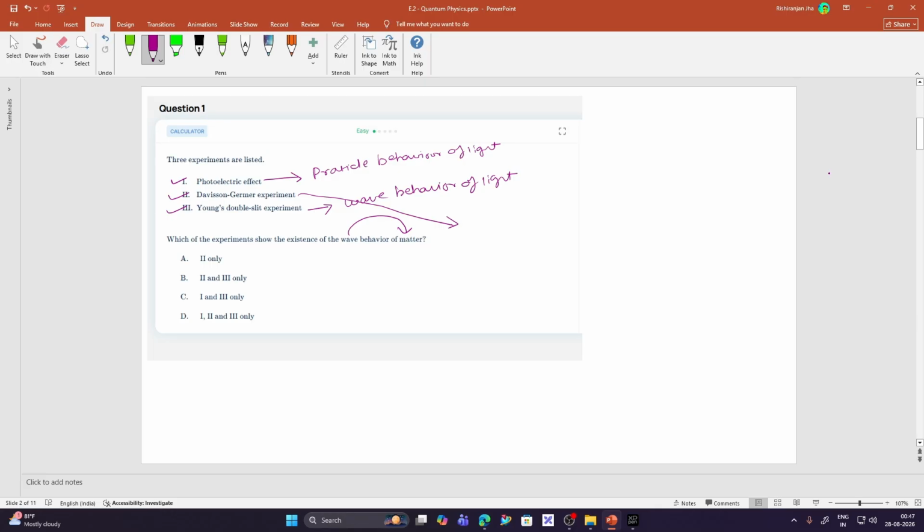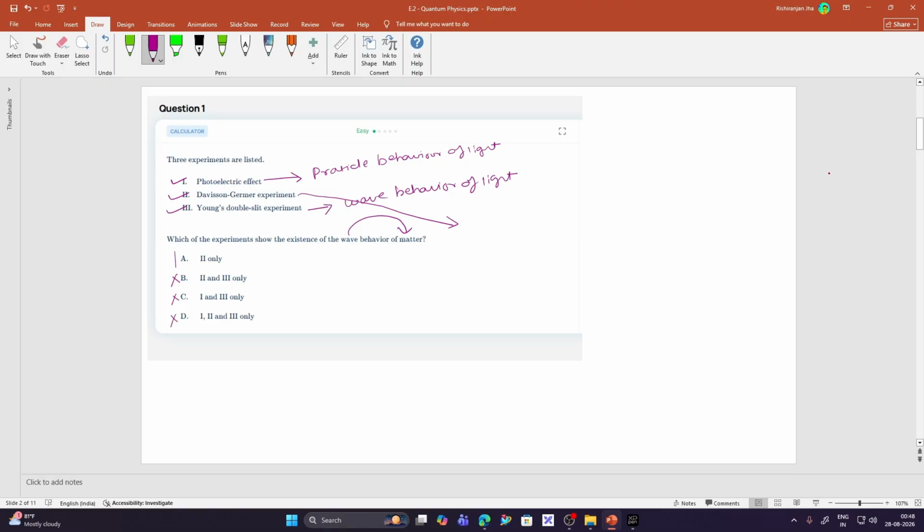So here we can see the options. 1 and 3 is not an option, as both do not prove wave behavior of matter. Second, 1 and 3 only also does not prove. Third, we have 1, 2 and 3. Young's double slit and the Davisson and Germer experiment surely proved the wave behavior of matter, but experiments 1 and 3 were not part of it.